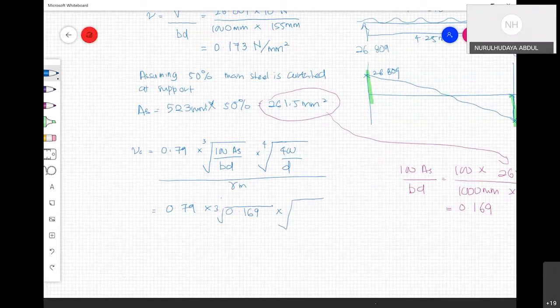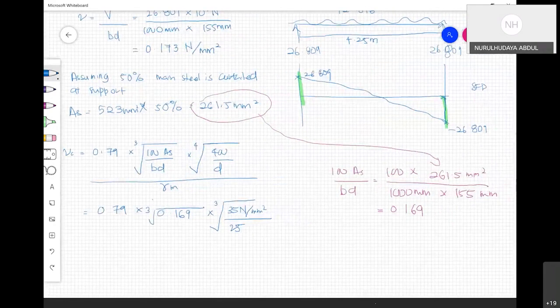Okay, jadi ada additional dekat sini yang kita kena tambahkan. Jadi kita tambah punca kuasa 35 ni awak punya FCU, and then awak kena bagi dengan 25. Okay, tu dia punya tambahan lah sebab kita punya FCU bukan 25.